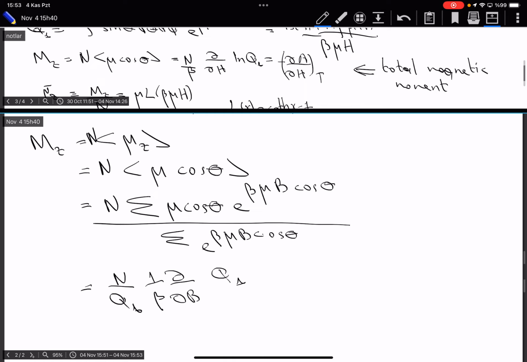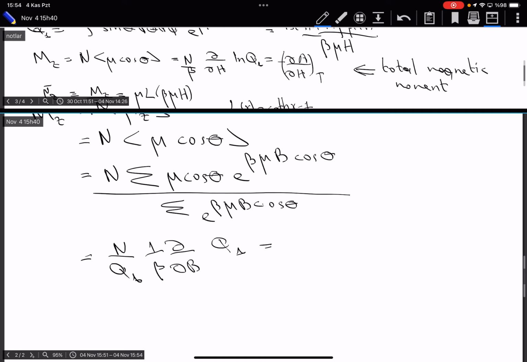You see, if you look at that exponent in the summation in the definition of Q1, if you take the derivative with respect to B, that brings down a factor of beta mu cosine theta. I just want the mu cosine theta, so that's why I divide by beta.